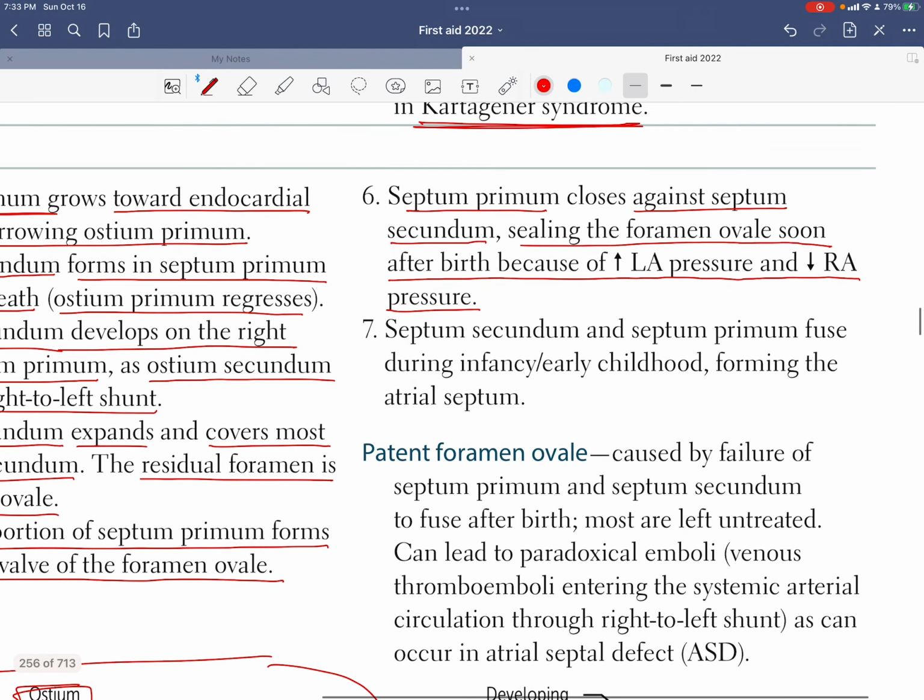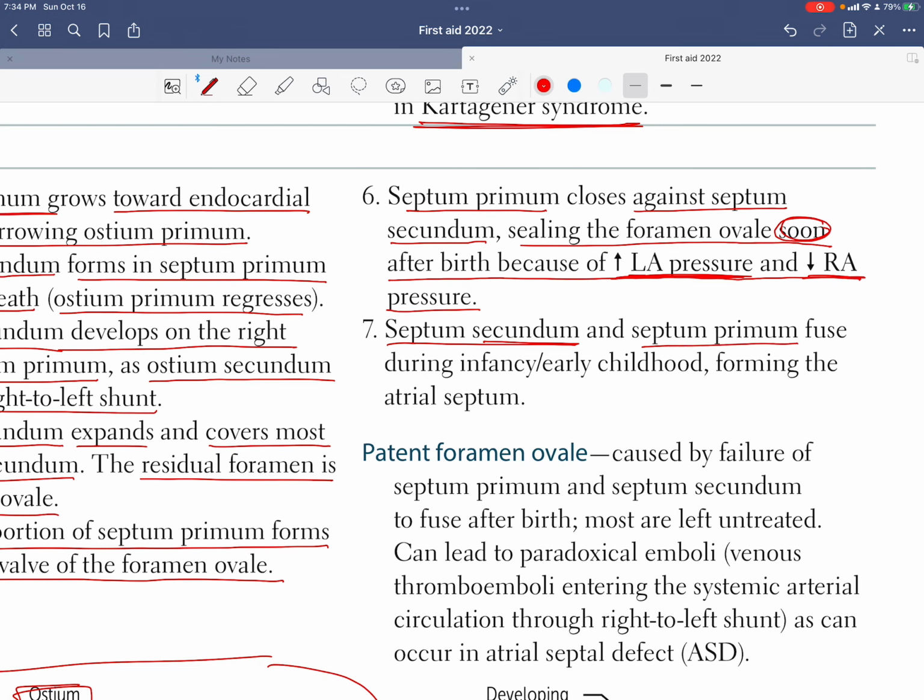So when it closes, that's soon after birth. And why is that? It's because of the increased left atrial pressure and decreased right atrial pressure. And that's something that we can understand later, I think it's due to the respiration of the baby.